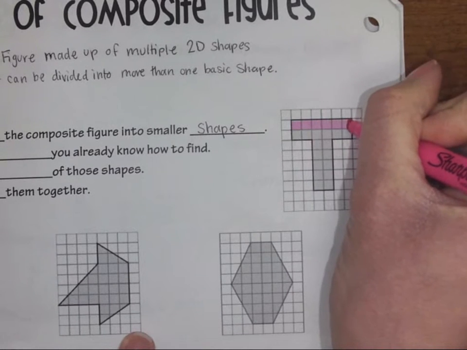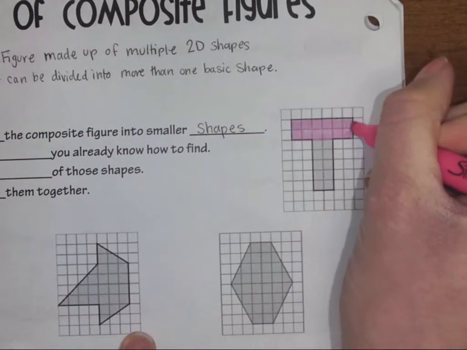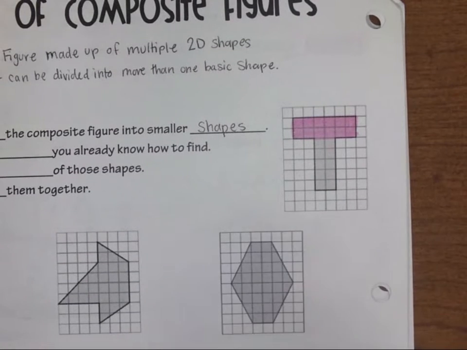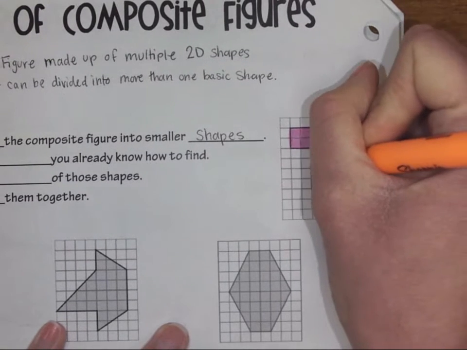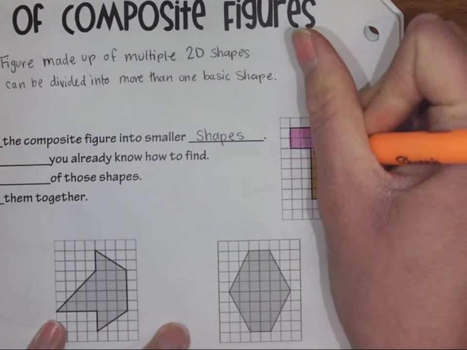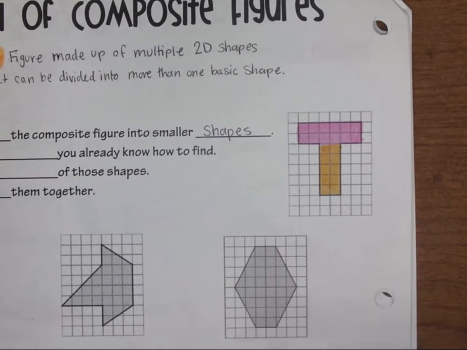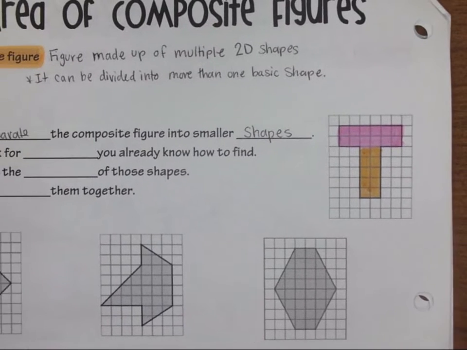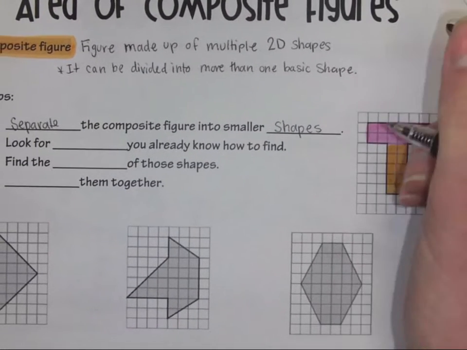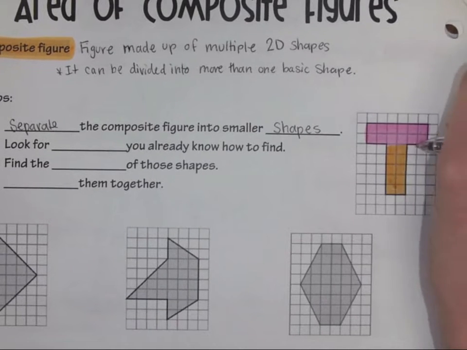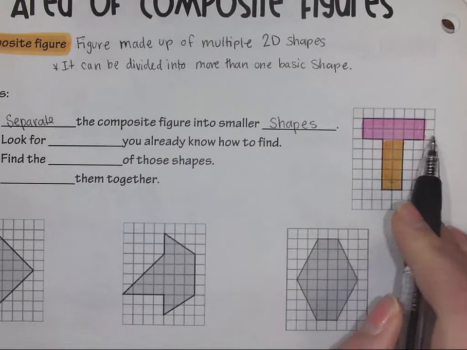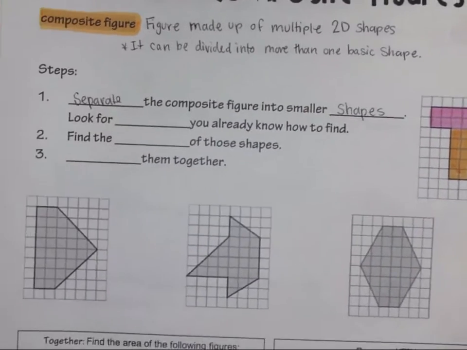I can see that this top part here makes a rectangle. And down here I can do another rectangle. And it's like they're sitting side by side right there. Once we have our shapes, and we could have divided this up different ways, we could have made a whole bunch of little squares, something like that, but I think it's easier to just have two shapes, two areas to find.